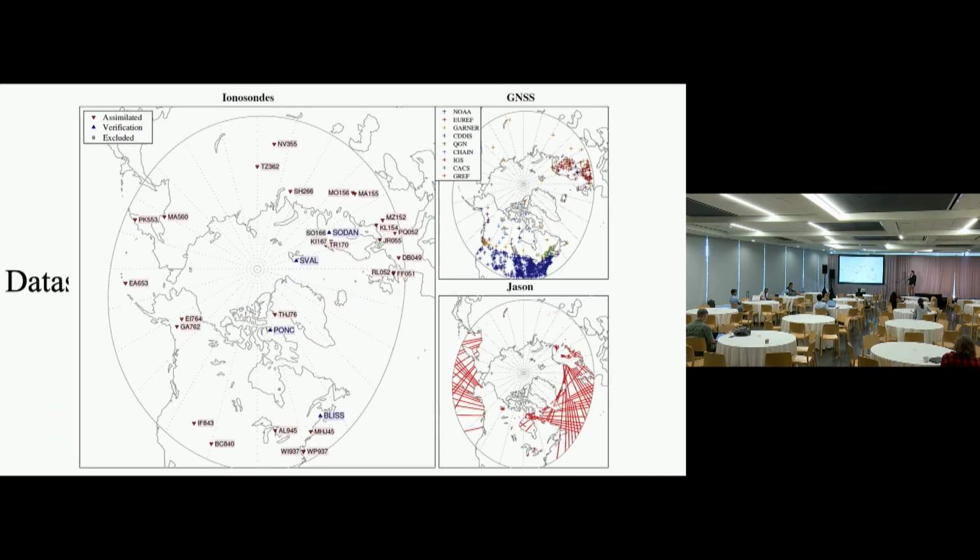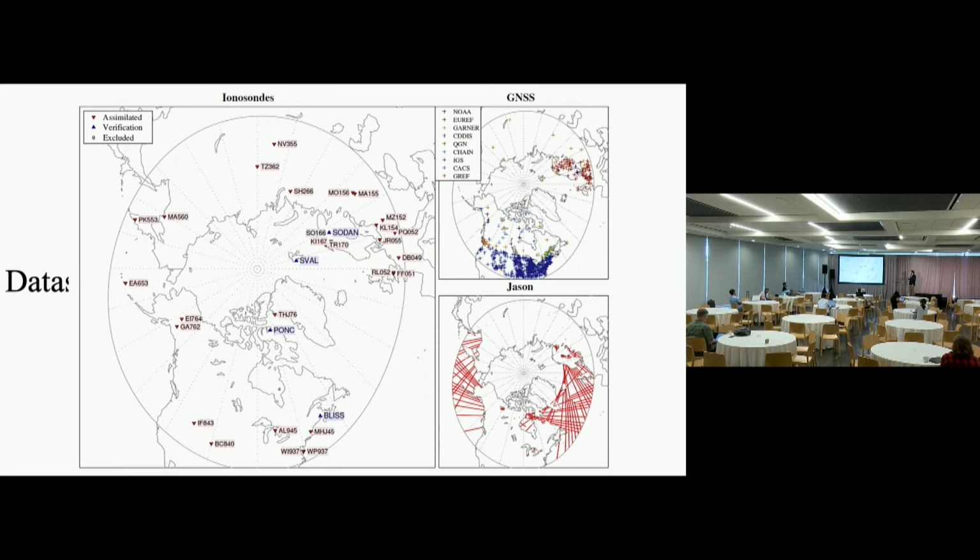So this is just an example of the distribution of the ionosonde, GNSS, and altimetry data that's included in the system. Of course, this is over several days. This isn't one period, so that'd be crazy. Red here are ionosondes that are assimilated, so these are available near real time.